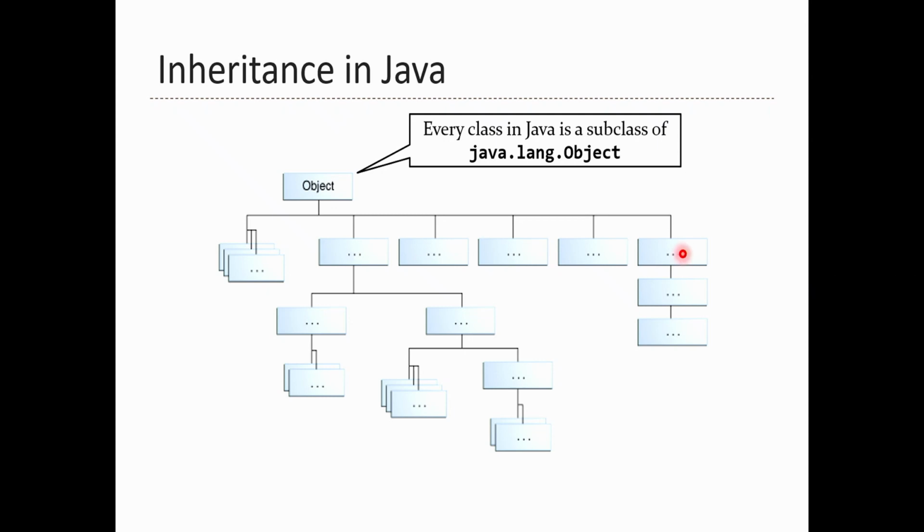You'll have Number over here. Number is one of the classes in the Java standard library. Under Number, you might have classes like Integer, Double, and what else? Character, Boolean, et cetera. You can see here that the depth of the hierarchy is arbitrary. You can keep on extending classes for as long as you want, although generally that doesn't happen.